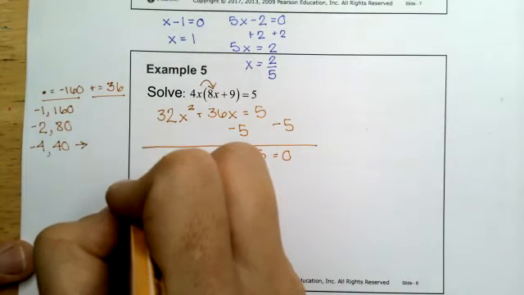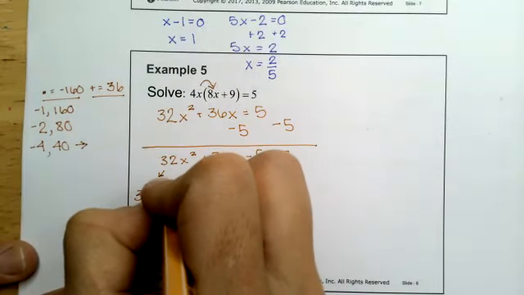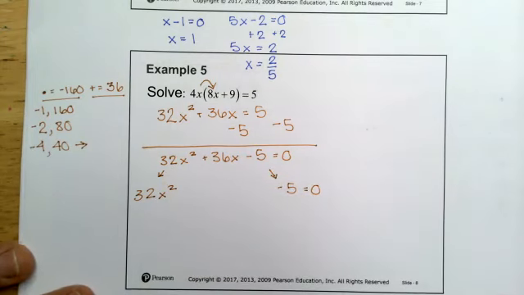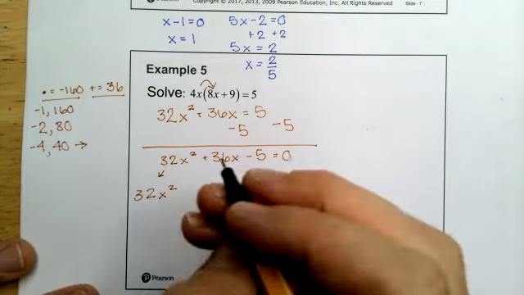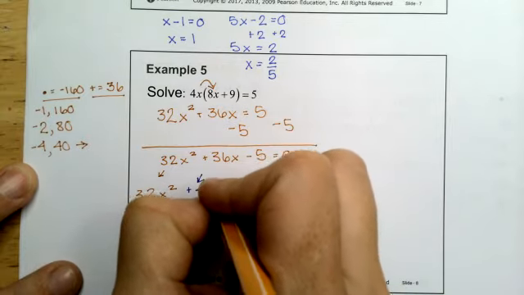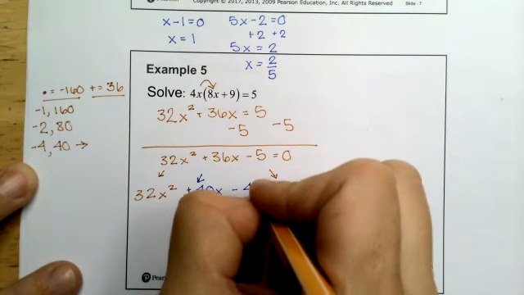Again, keep your first term, 32x squared. Keep your last term, negative 5. Keep your equal 0. And then that positive 36x becomes a positive 40x minus 4x.